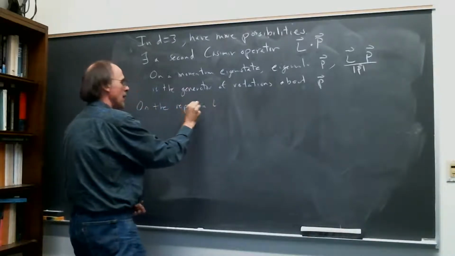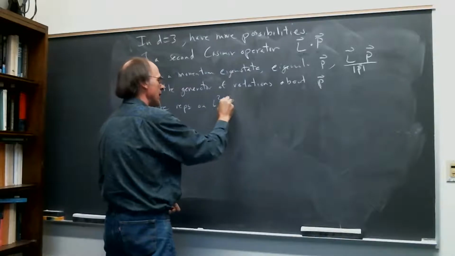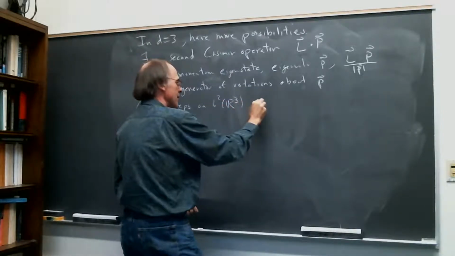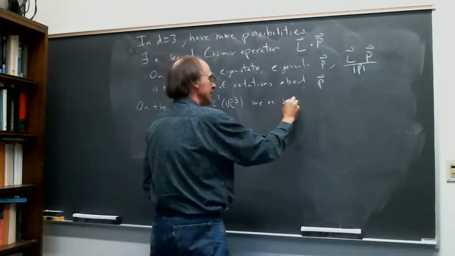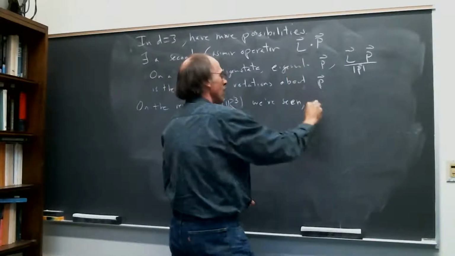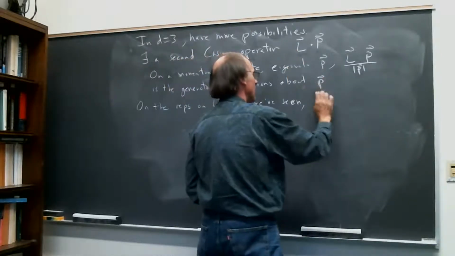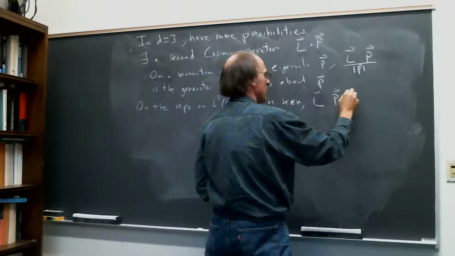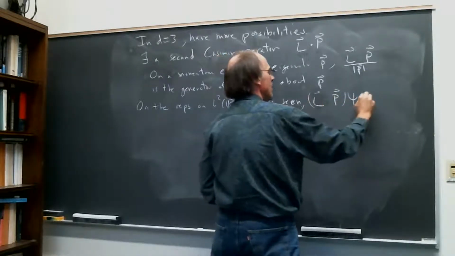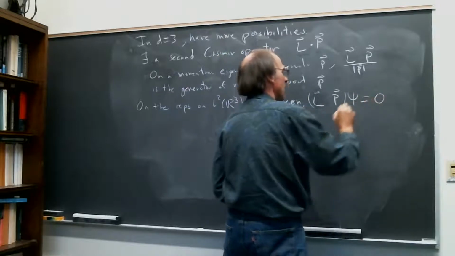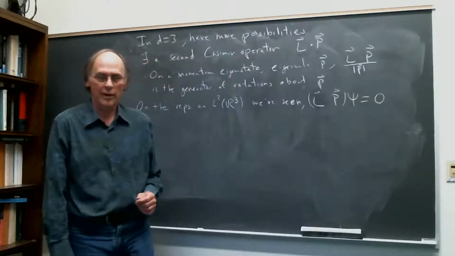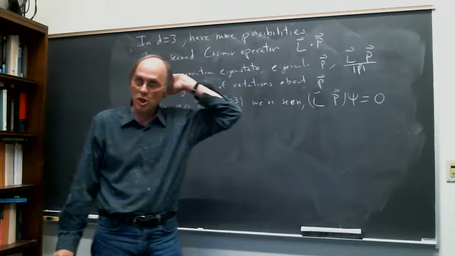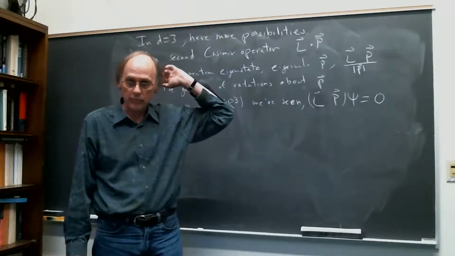representations on L2 of R3, we've seen that L vector dot P vector acting on psi is 0. That's what I was asking you to show in the problem set.